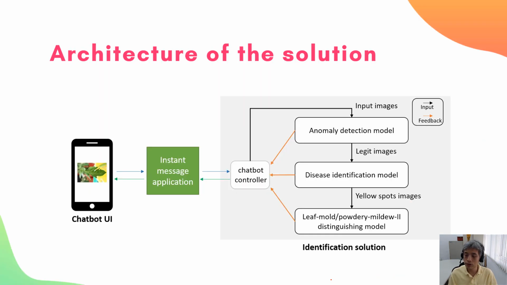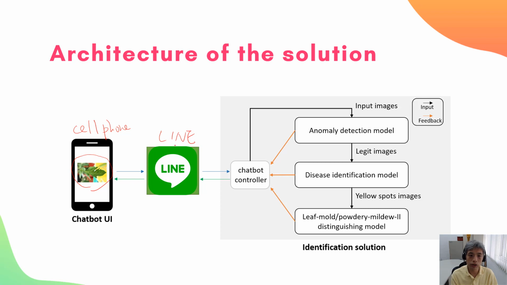The total solution looks like this. Here we have the cell phone of the farmers or the plant pathologist. The cell phone can take an image of the leaf with disease lesions, and the farmers can upload this image through LINE Messenger, a software that is commonly used in Taiwan as well as in Japan.